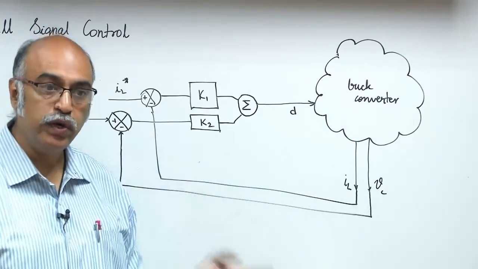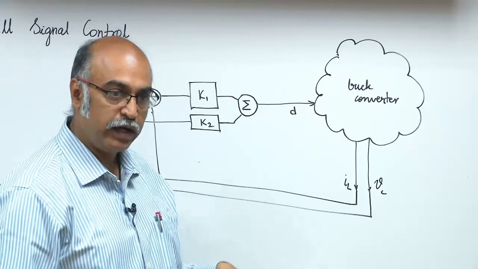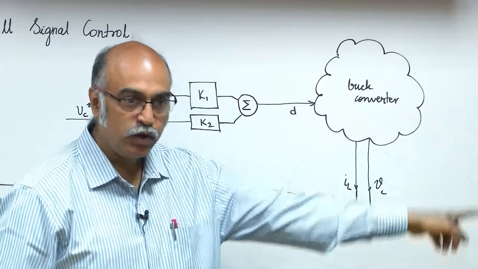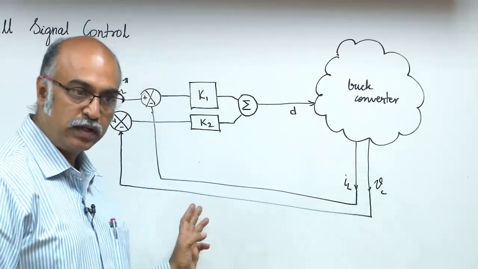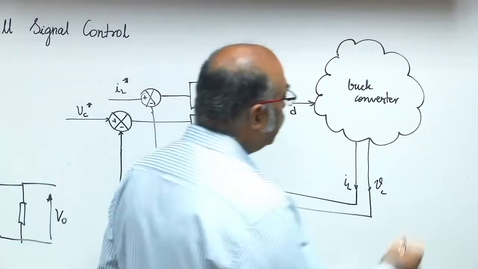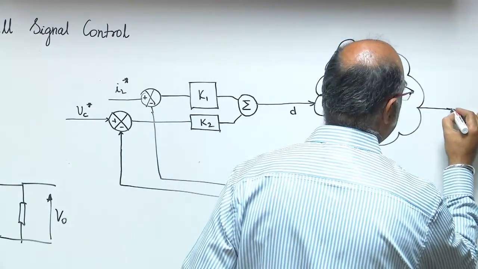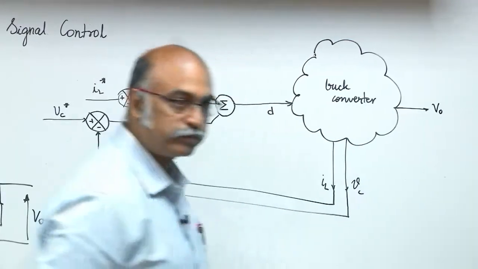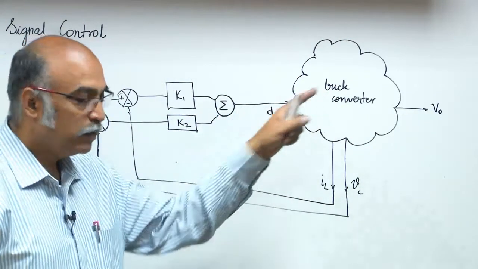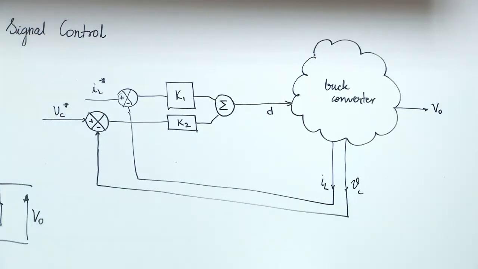It is not a two input, two output system, right. Input is still a single input, output also may be single. What you are feeding back is all the states, output may be just V naught, is it not. The single input, single output system, right, it will go in there. Reference, so you will have a reference finally which should be V naught star.